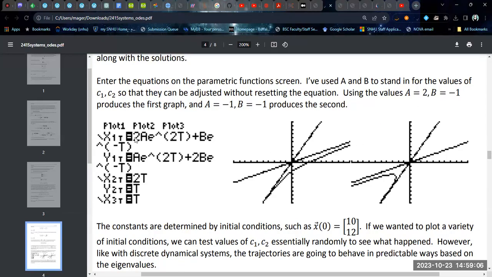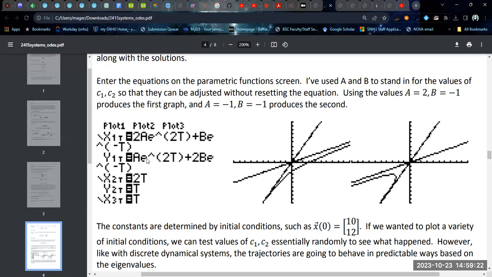If you plot your x1 and y1 from the differential equation, and then here I'm plotting my eigenvalues and eigenvectors, the lines that correspond to those.